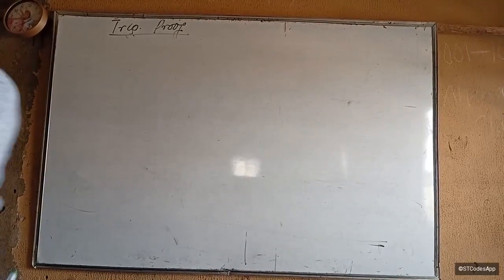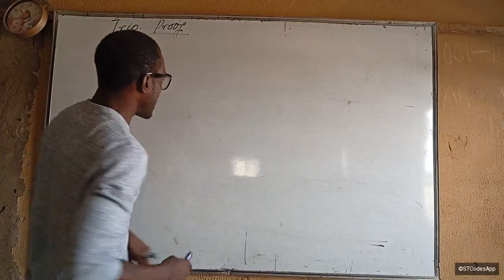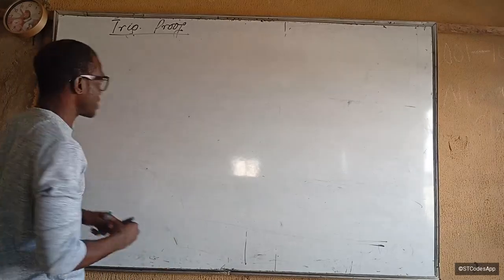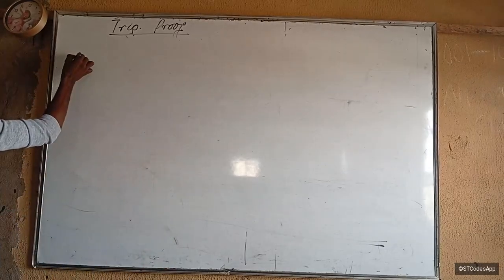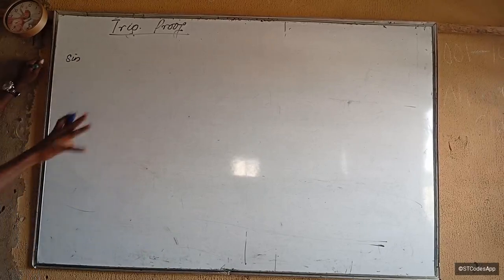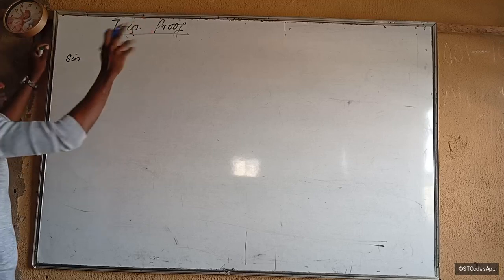To prove the sum to product rule, here's how we're going to go about it. We'll start with those identities we generated with our proof. Let's use A plus B this time because I'm not using a triangle, so the letters should not confuse us.